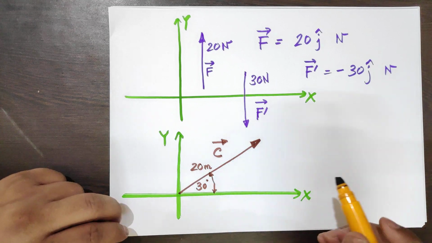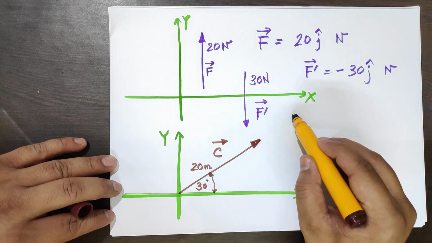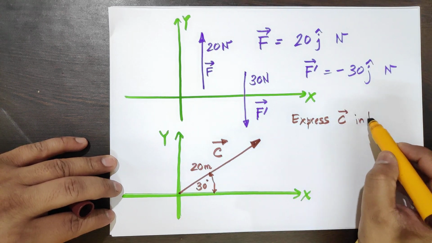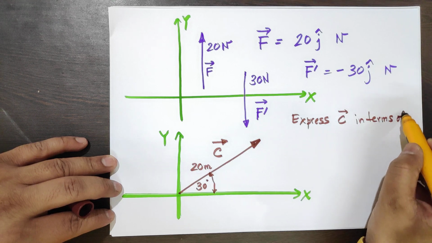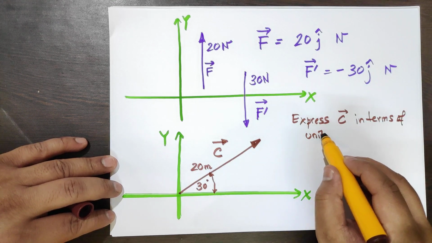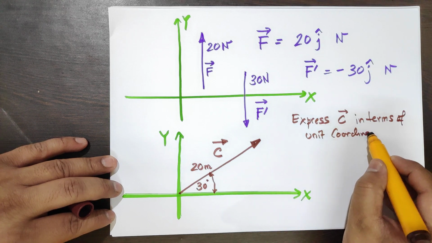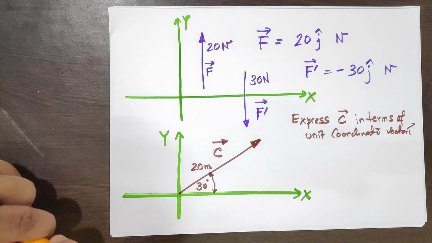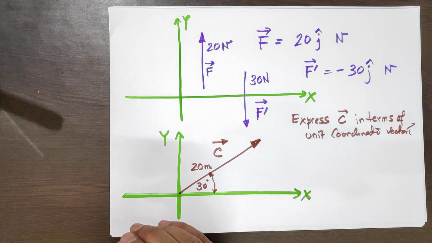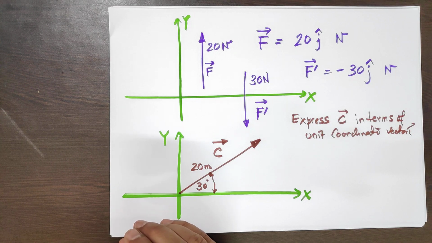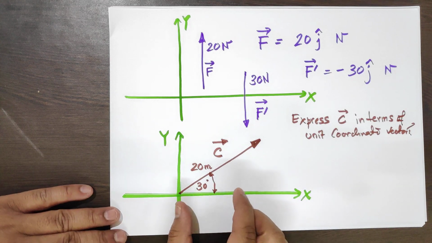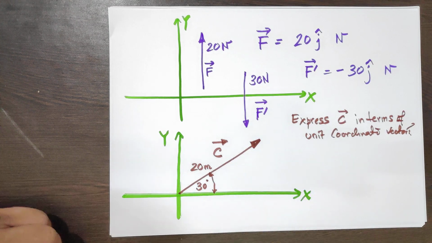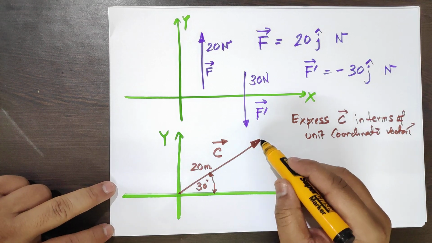Now how do you express C in terms of unit coordinate vectors? That means I cap and j cap. Okay, so here it is. We'll go for resolution of the vector. That means you have to express this vector as the sum of two vectors, one parallel to x, one parallel to y. So now we will resolve it into components.